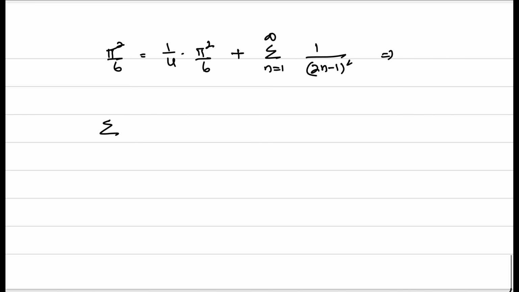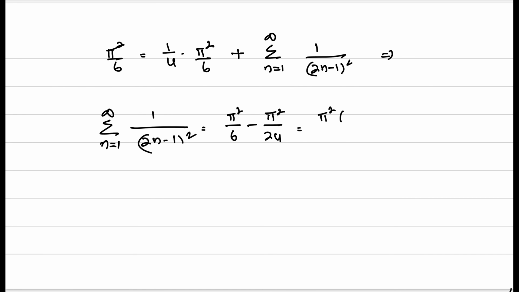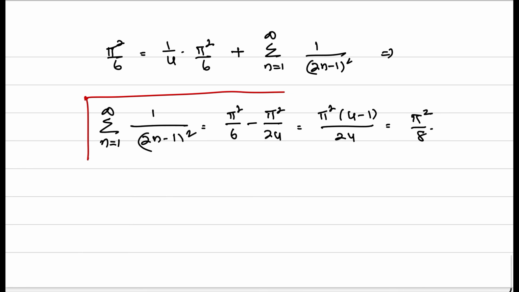That means sigma 1 by (2n minus 1) whole square is equal to pi square by 6 minus pi square by 24, which is pi square into (4 minus 1) by 24, that is equal to pi square by 8. This value is pi square by 8.